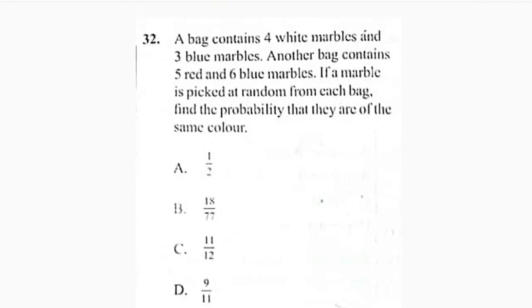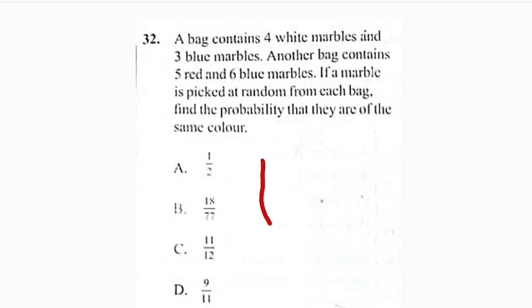All right, here we have question number 32, which is under probability. A bag contains 4 white marbles and 3 blue marbles. Another bag, meaning we have 2 different bags, contains 5 red and 6 blue marbles. If a marble is picked at random from each bag, find the probability that they are of the same color. Okay, let me draw 2 different bags here.